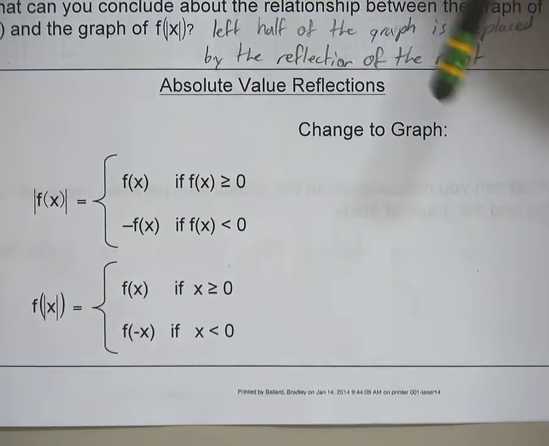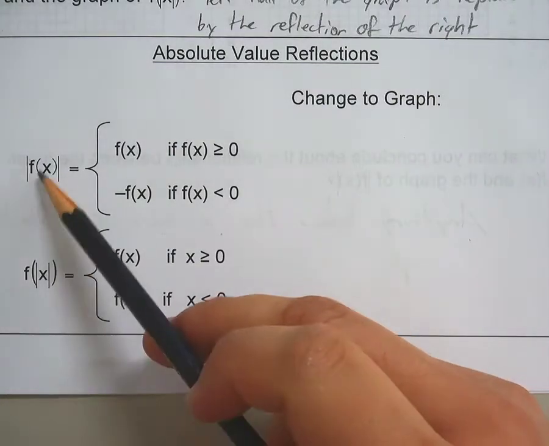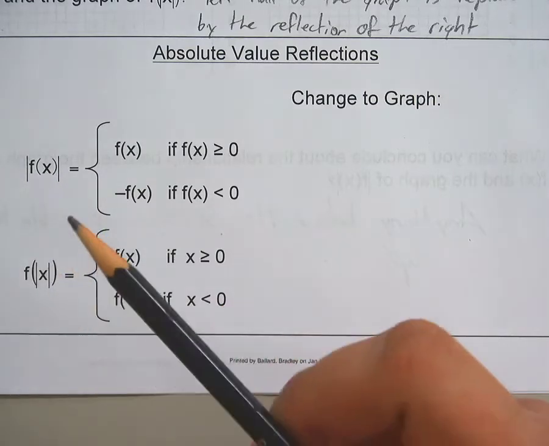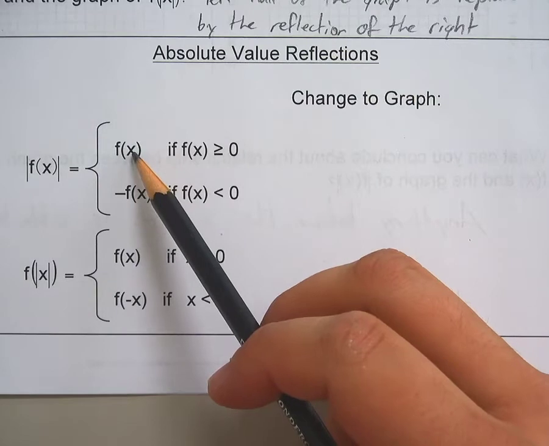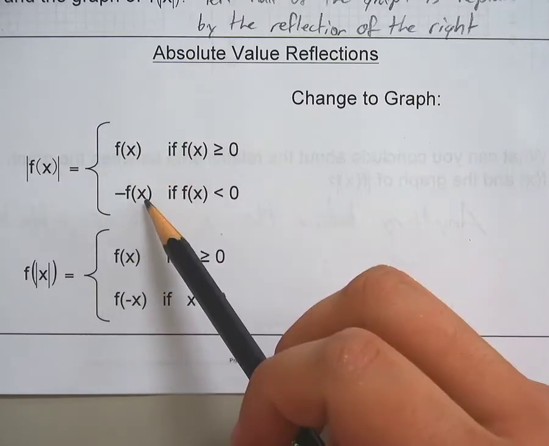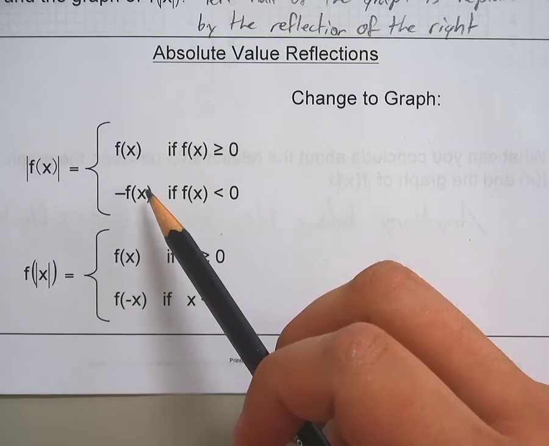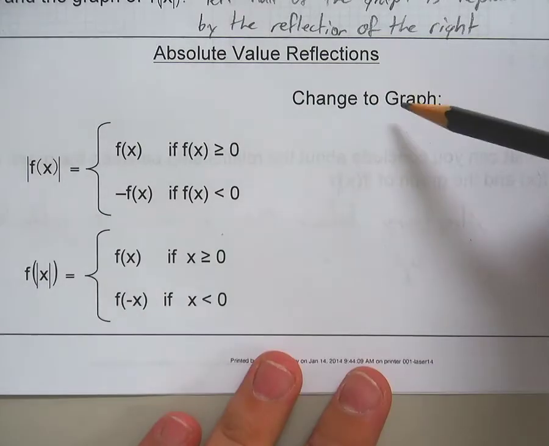So here's the summation of absolute value reflections. The absolute value of f, you've got two setups to this. You've got the positive side, you've got the negative side. So the function that is below the x-axis is reflected up, and you can write that here.